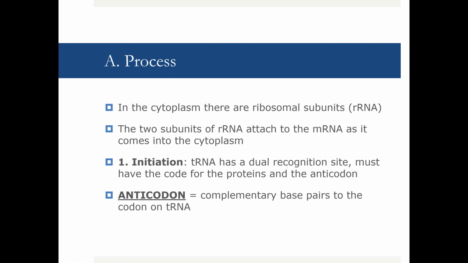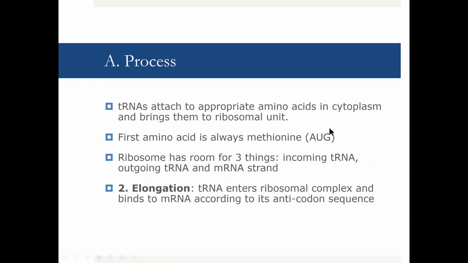So if the messenger RNA has an A, a U, and a C, then the tRNA would have a U, a G, and a G to be the opposite, the anticodon of the codon. And so it attaches itself to the appropriate amino acid.